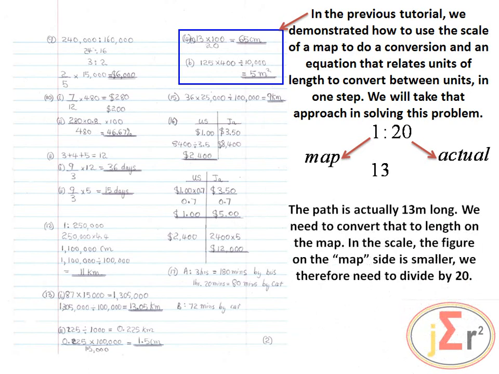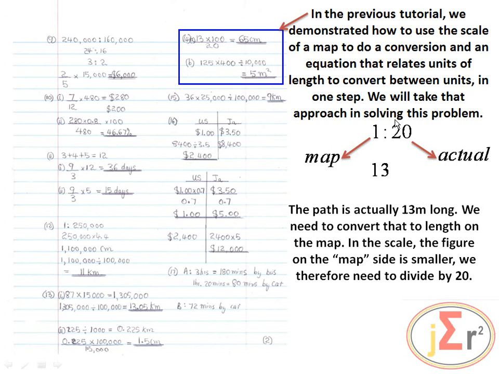The path is actually 13 meters long. We need to convert that to length on the map. In this scale, the figure on the map side is smaller. We therefore need to divide by 20. So this is the actual.